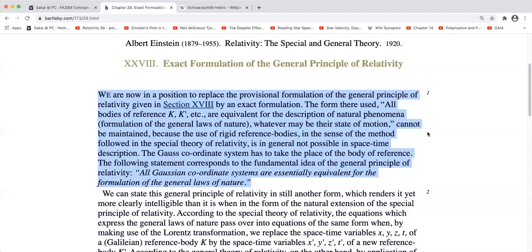And the end of that journey then is this final statement here, that the general principle of relativity is to be said to be such that the general laws of physics hold when going from one set of Gaussian coordinates to another. The general laws of physics, they hold when going from one set of Gaussian coordinates to another.